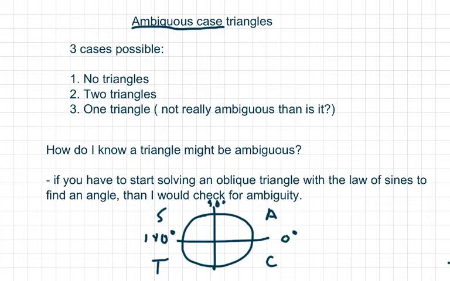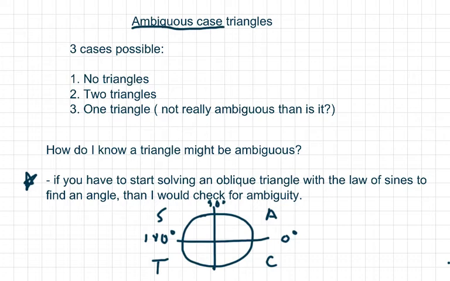But how do you know if it's ambiguous? Well, you don't really know. You've got to check if it's ambiguous. So I always use this idea right here, and this is important. If you ever start solving an oblique triangle with the law of sines, finding an angle, then you would check for the ambiguous case.